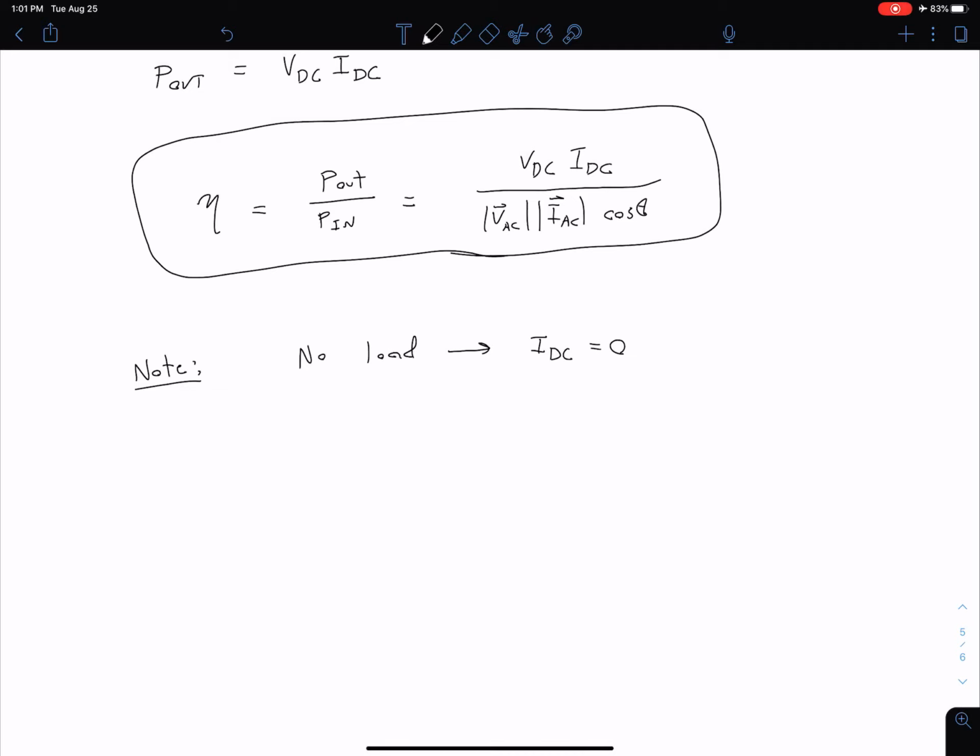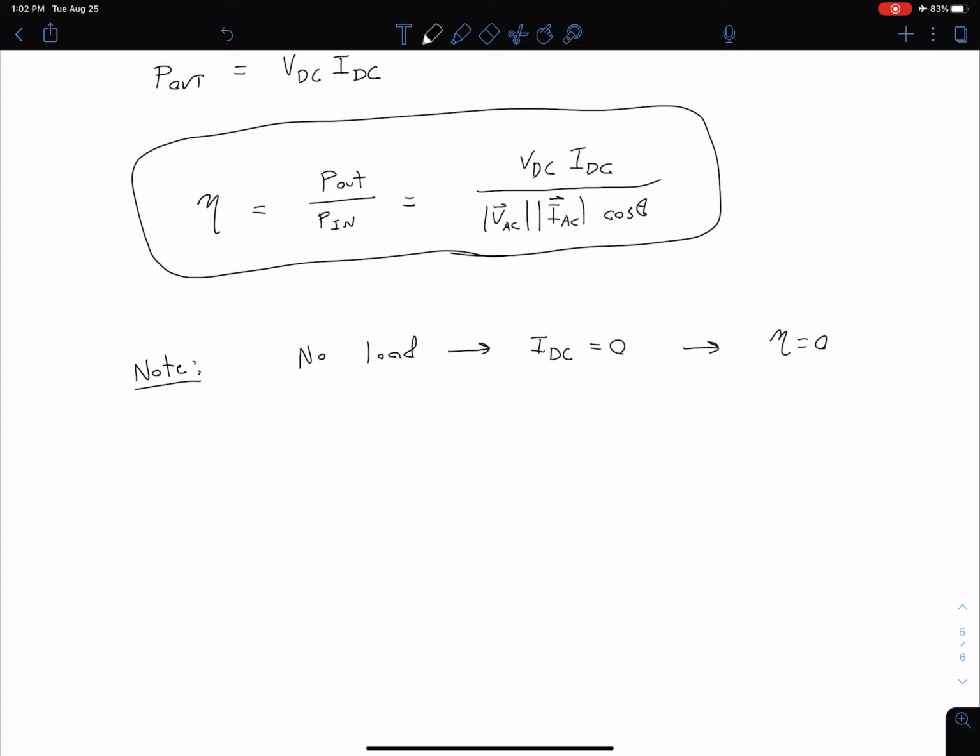And from this equation above for our efficiency, we see if our IDC equals 0, then our efficiency is going to be 0. And so of course I've made the implicit assumption that our power supply has to consume some power internally. Even if that's a small amount, 0 over a small amount is still going to be 0.